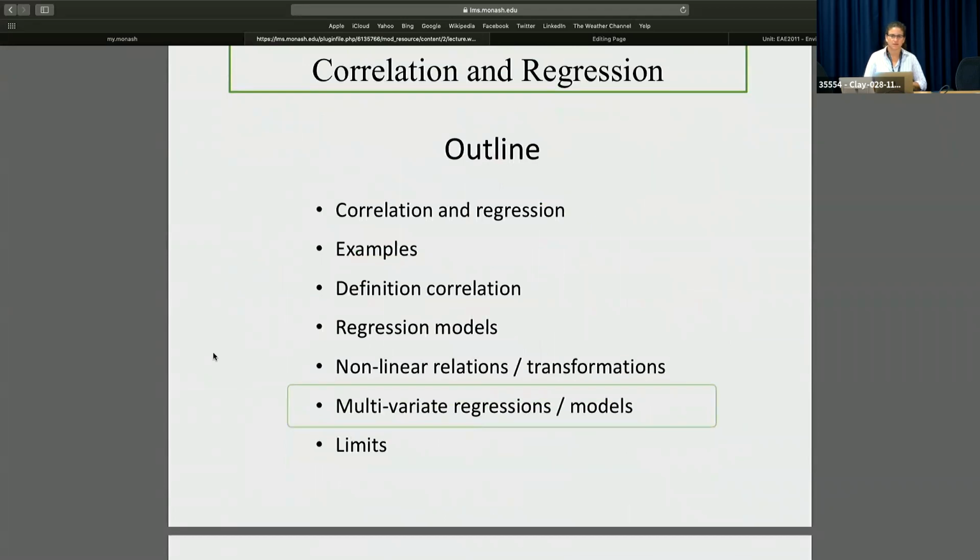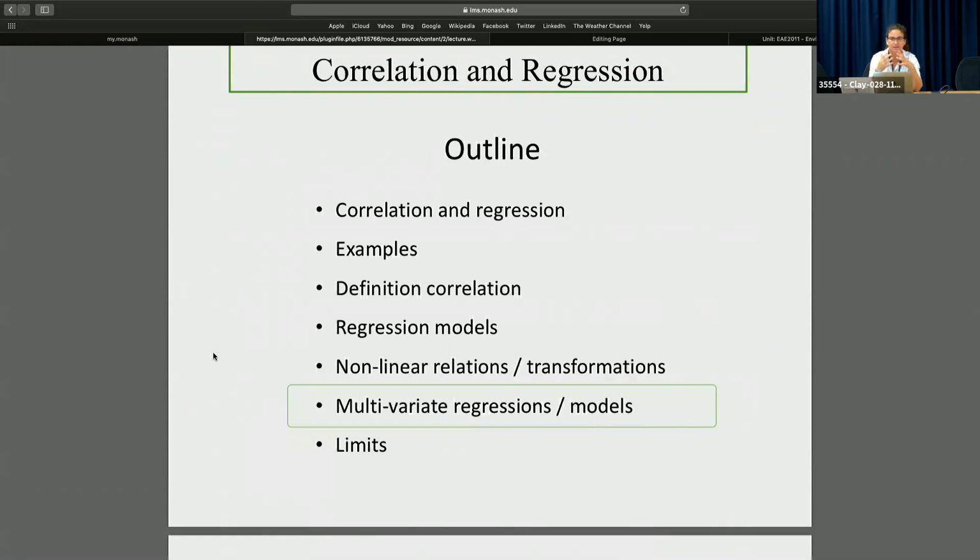What I want to do now is come back to the linear models, but we're going to talk about another case of them, which is the multivariate regression. We spoke about it briefly earlier. We have a y, a response variable, and it's responding to more than one factor at a time.